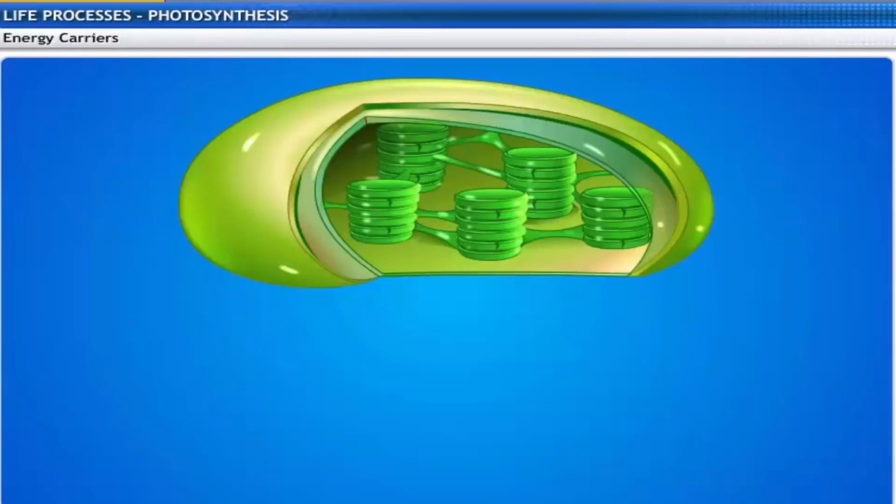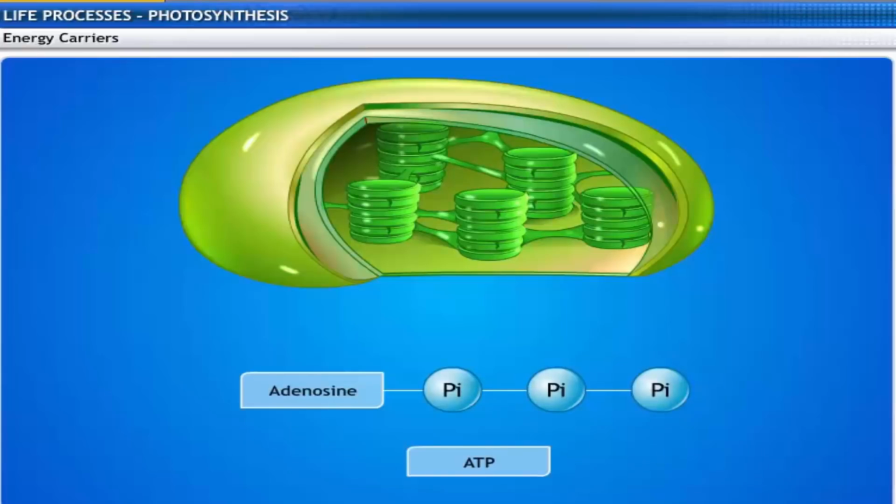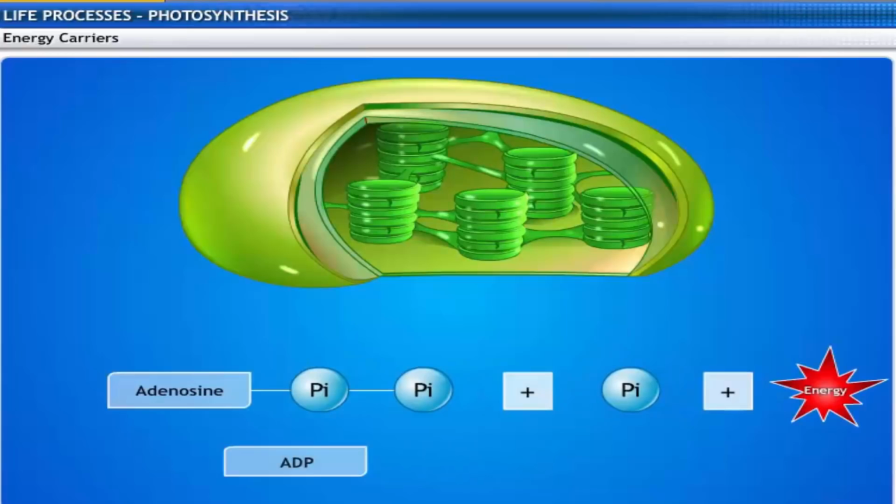The energy carriers involved in photosynthesis are as follows. ATP, adenosine triphosphate, acts as an energy carrier. The third phosphate group in ATP breaks up, releasing ADP, phosphate, and energy.